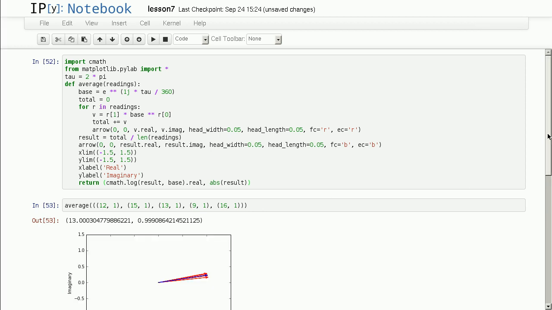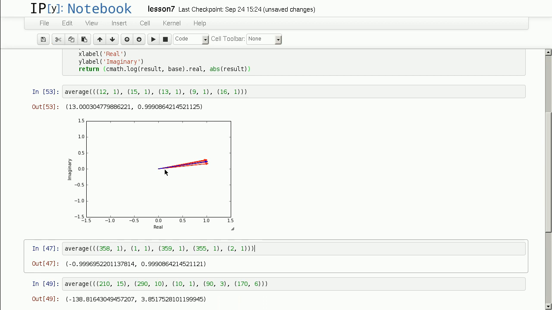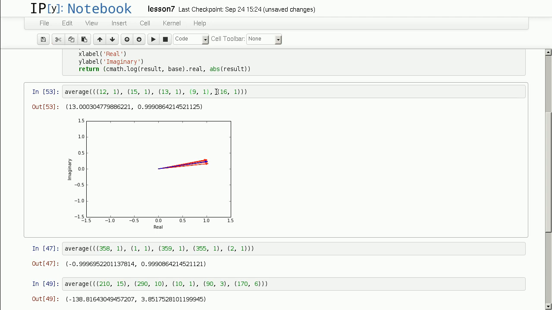Here we go. We get a bunch of red inputs that all extend from the origin in roughly the same direction, and this blue result is right in the middle. And if we play the same trick of making these different values, then maybe we'll make this one 0.5 and this one 0.2.